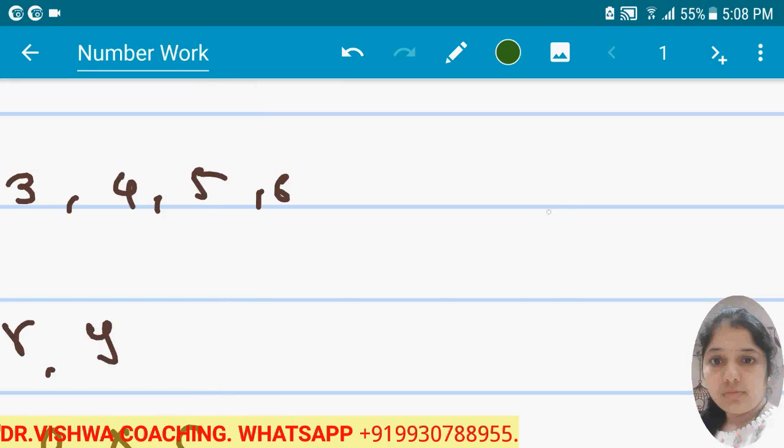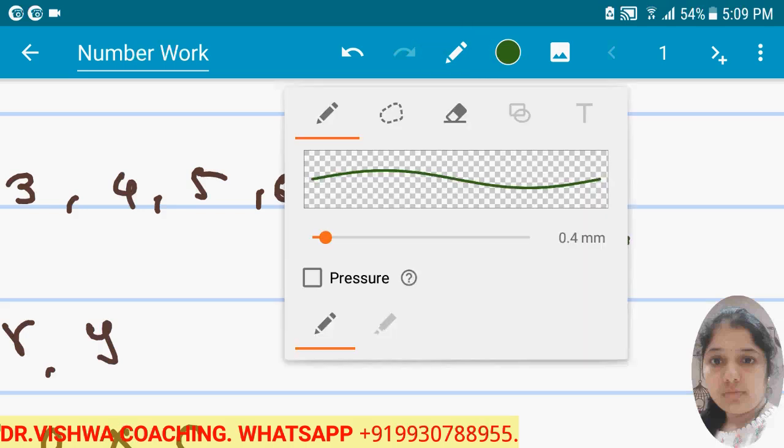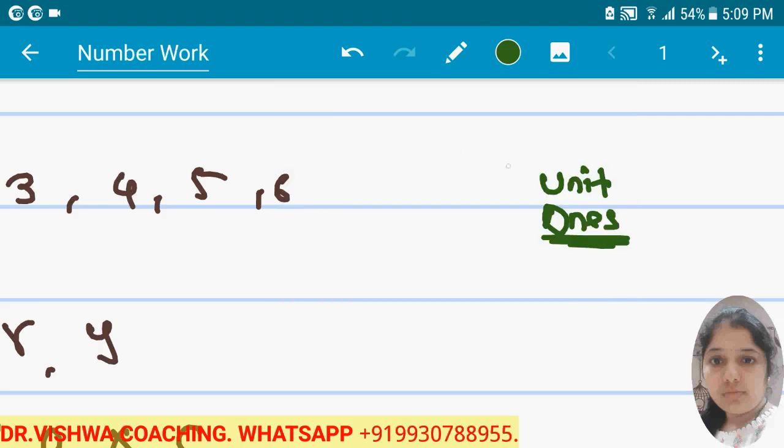So the extreme rightmost place is known as ones place, or you can say unit place. Now after the unit place, to the left, the place is tens place, then hundreds place, thousands place and lakh.